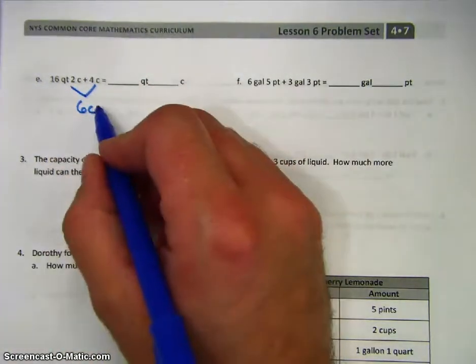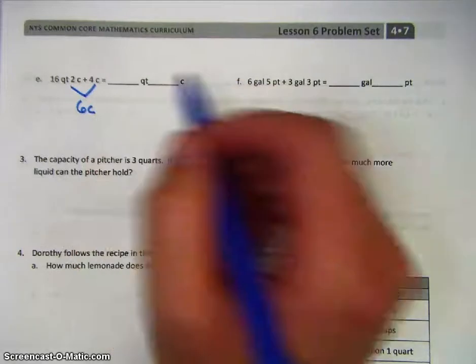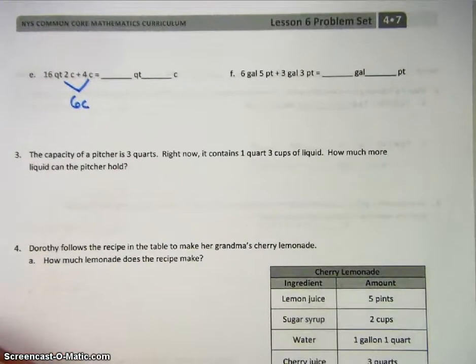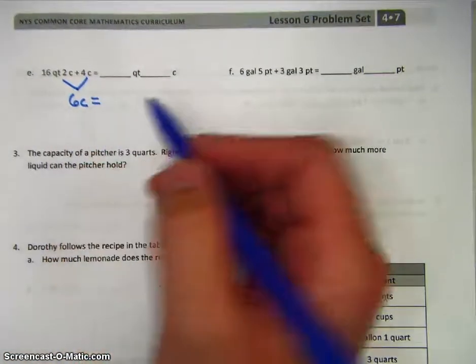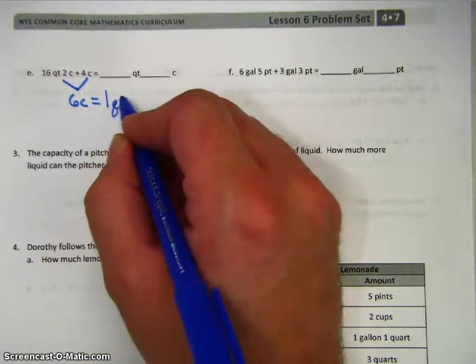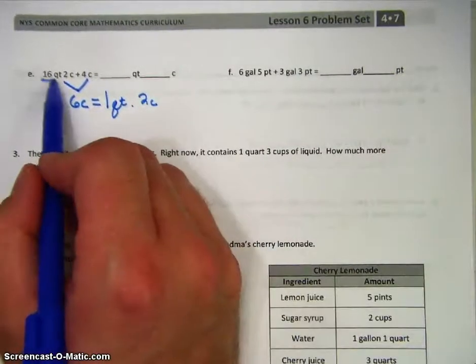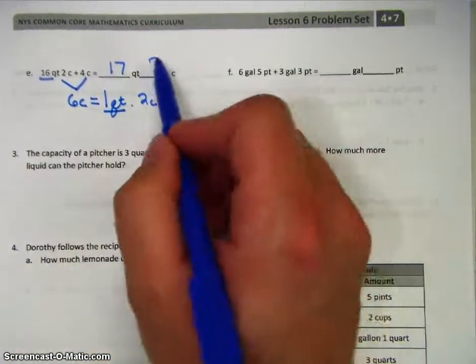But we know that 4 cups equals a quart. So this is 1 quart, and then we have 2 cups left over. So now we have 16 quarts and 1 quart, and that gets us 17 quarts, 2 cups left over.